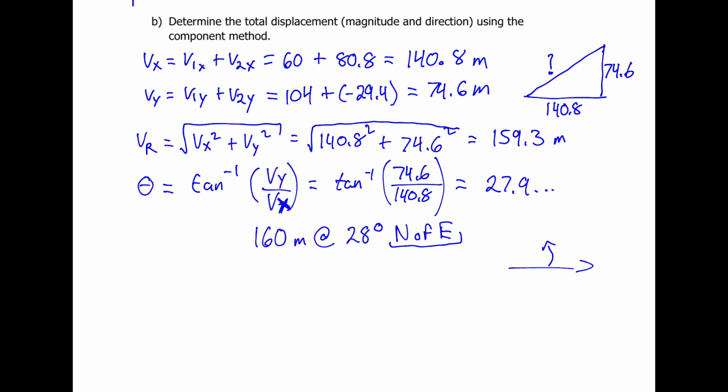So that's what we mean. North of east. That's kind of what that description is doing. That's, in this case, east, right? And this is the north side there. So it's in the northeast. It's north of east. If we set it the other way around, it goes from the north to the east. That would be east of north, which would be the other side of the triangle, and we don't want that. Okay, that was a whole lot.